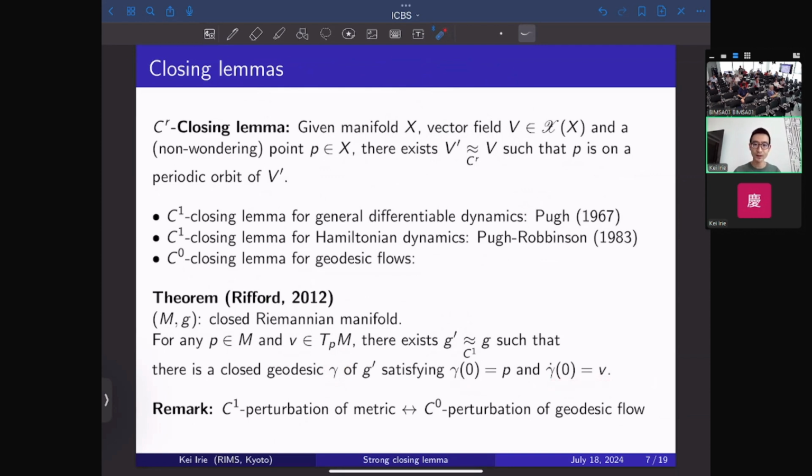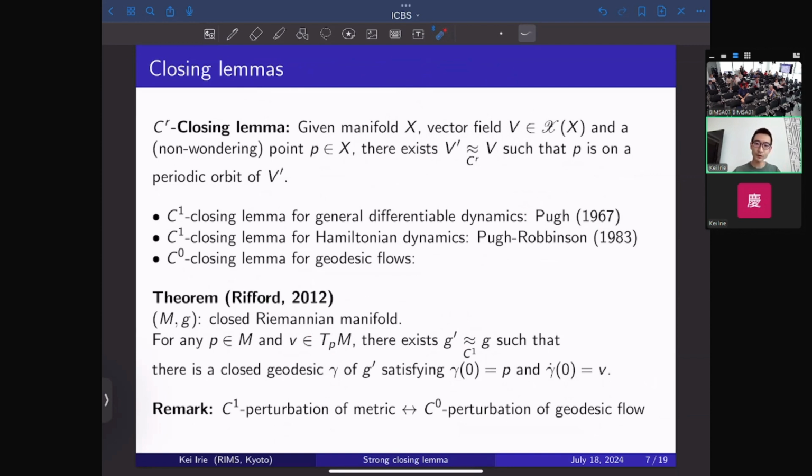So this says that we can create a closed geodesic by a C^1 small perturbation of the metric, which corresponds to a C^0 perturbation of the geodesic flow.